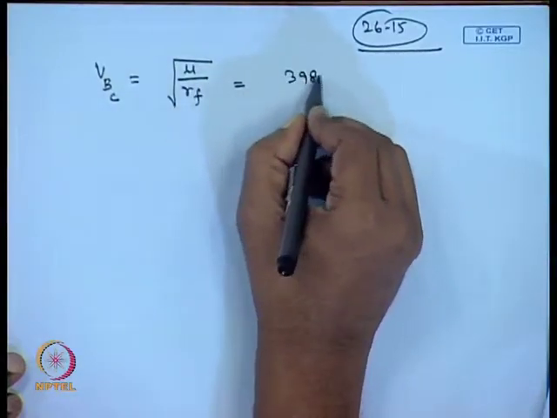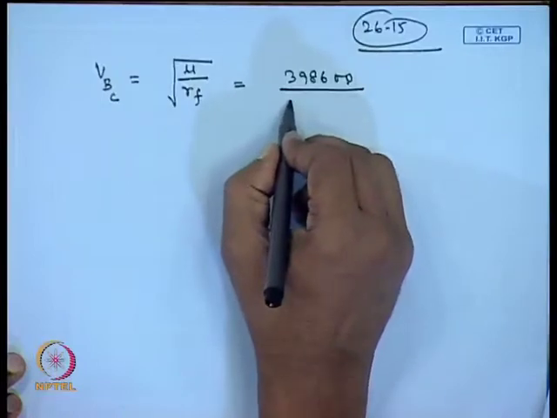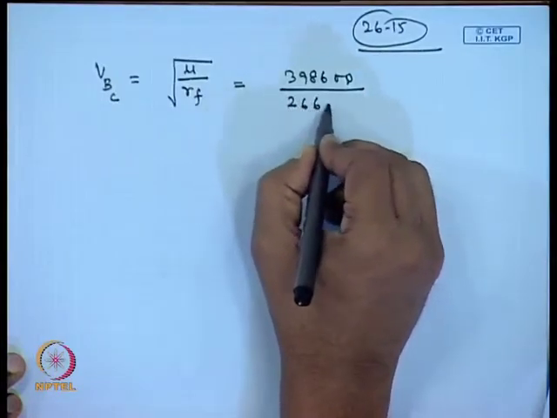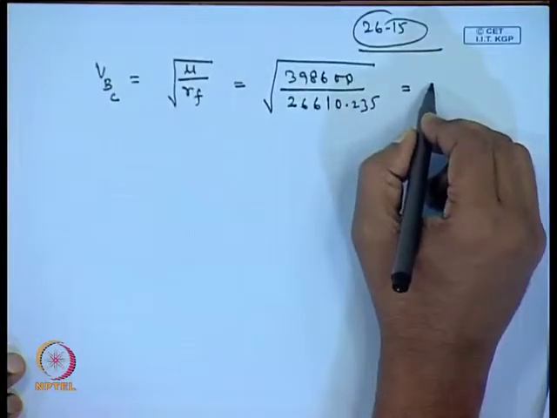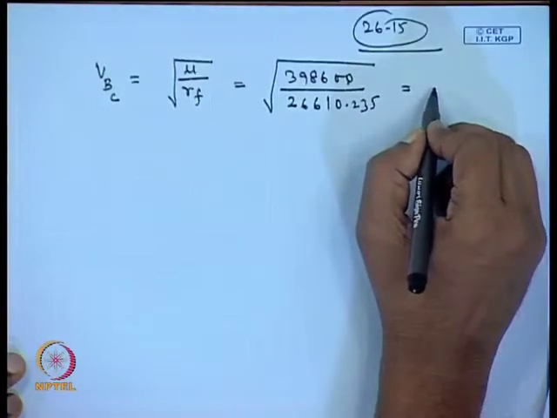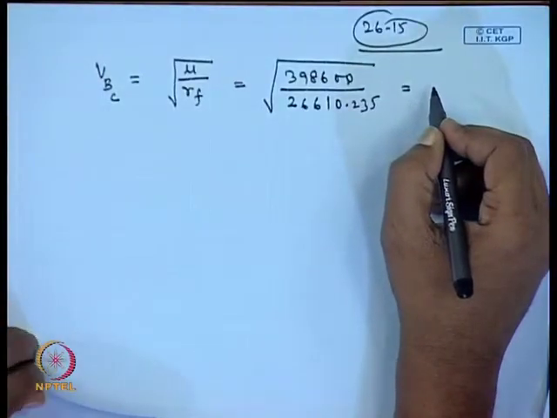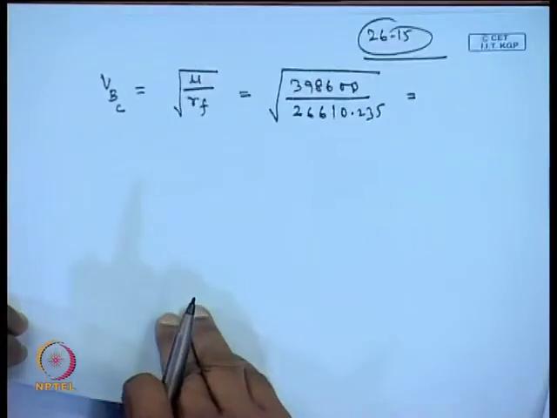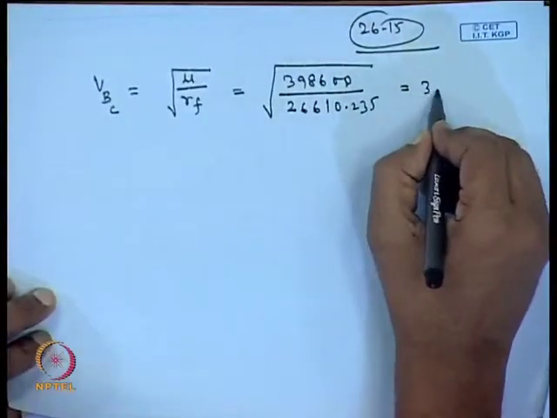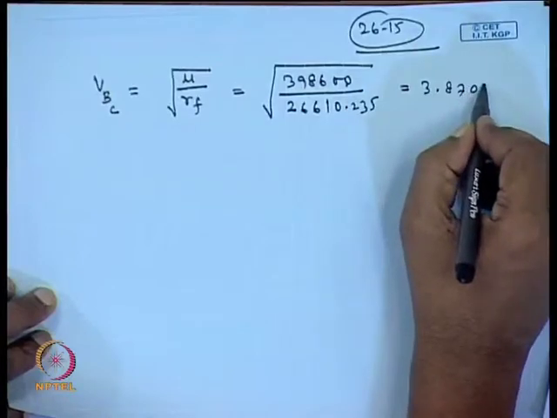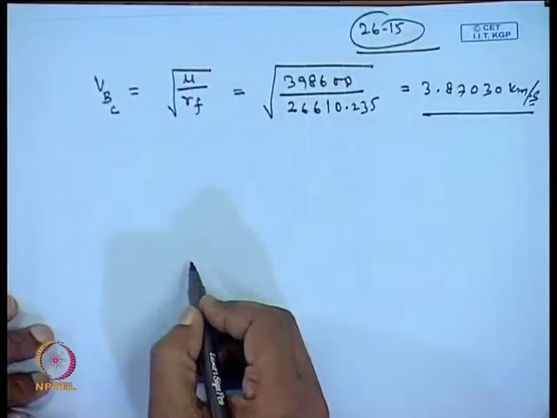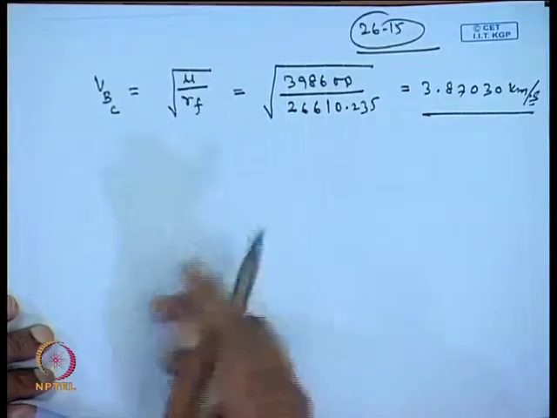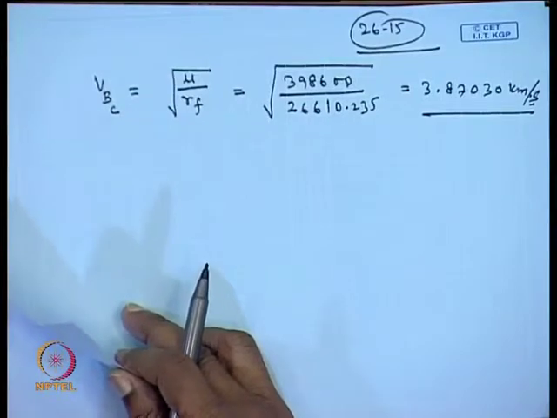So, mu is 398,600 and the radius of the final orbit is 26610.235. Okay, so, we have calculated the velocity at these points in the circular as well as in the elliptic orbit.